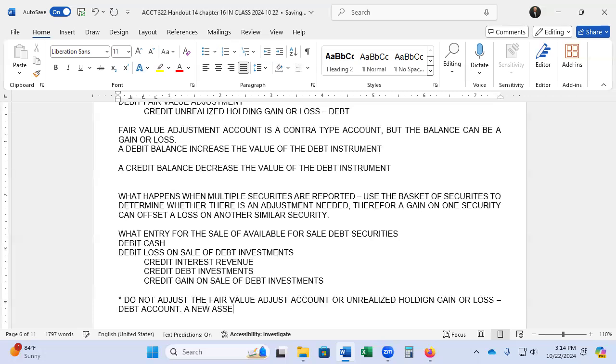A new assessment will be taken at year end and the change reported, without the debt investment sold.